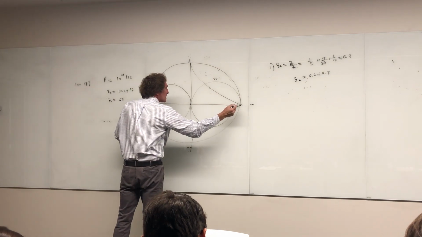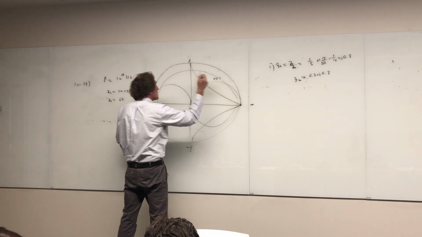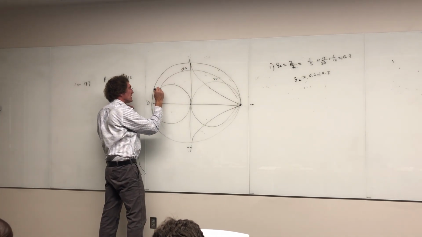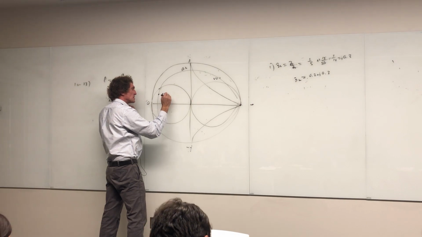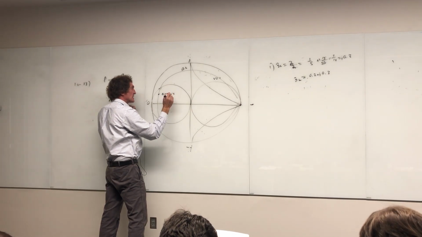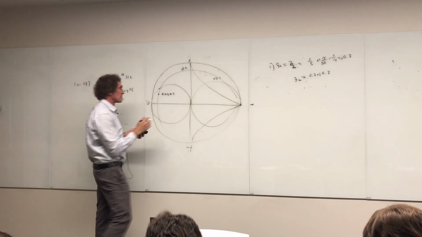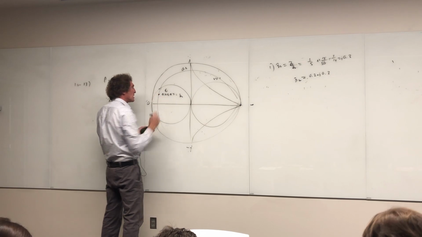That's going to be 0.2 about there, and j0.3, so it's going to be inside, about here. It's 0.2 plus j0.3. That's not drawn quite to scale, but you all follow me? And that's zL, and that's 0.1 right here.